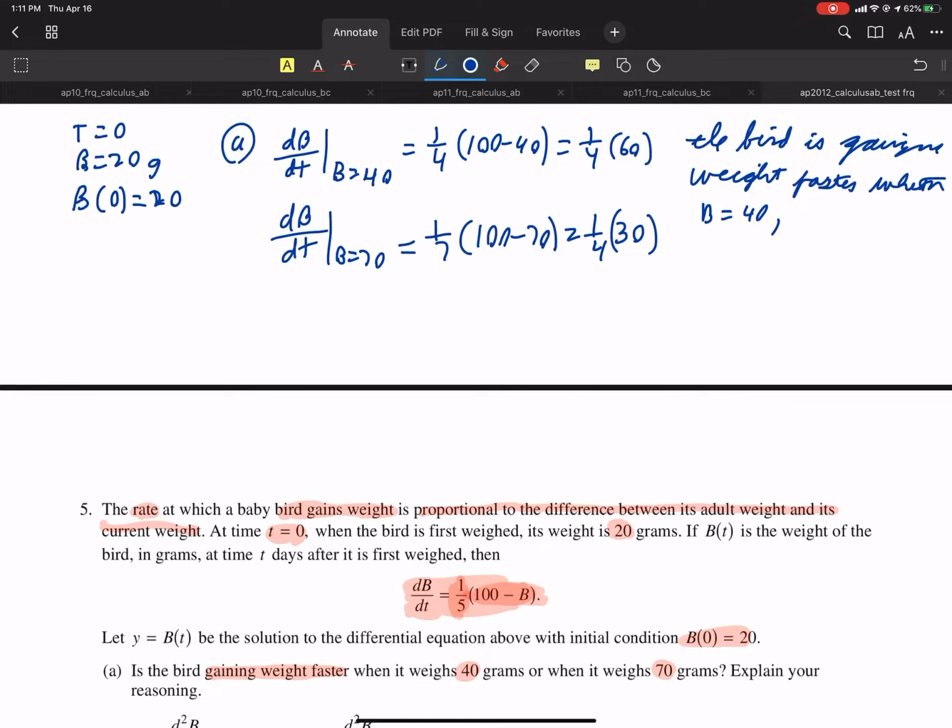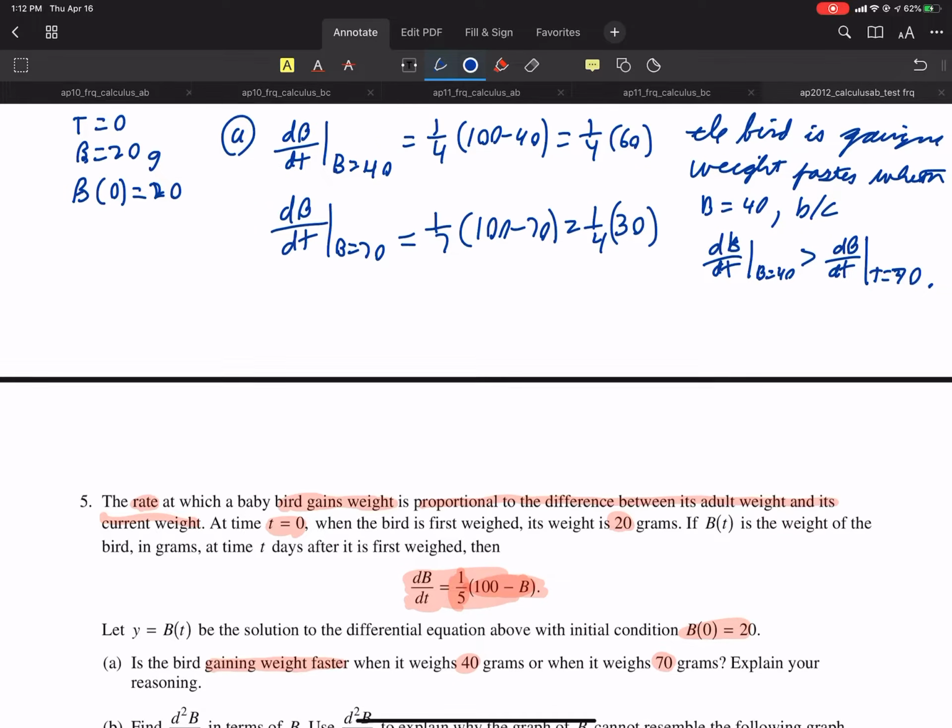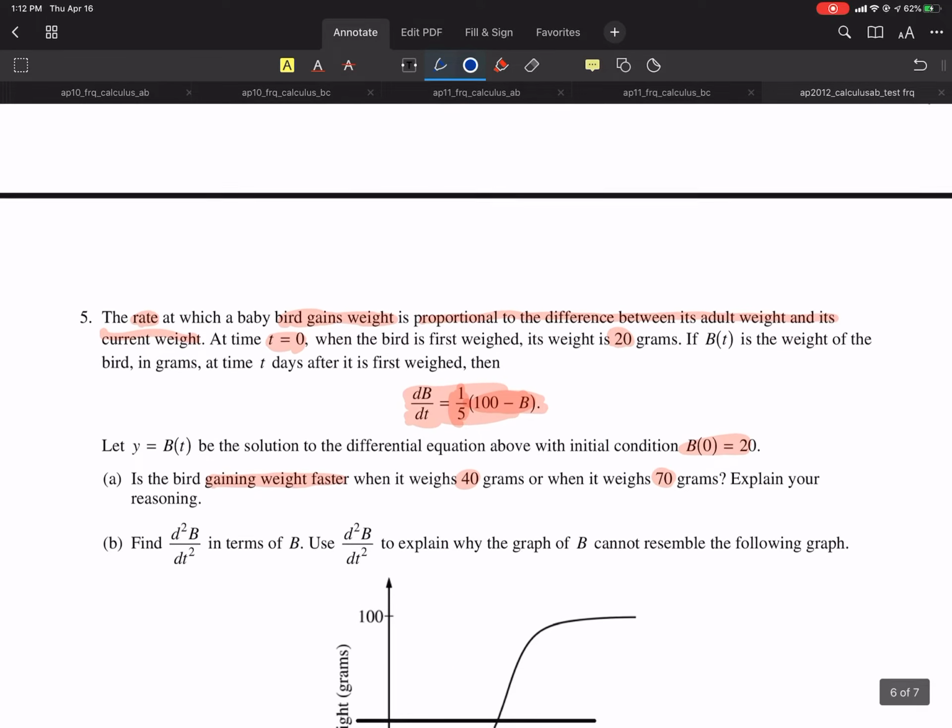Now here's the justification. Because dB/dt at b equals 40 is greater than dB/dt at b equals 70. That is all you need to write on that. Let's go to part B.